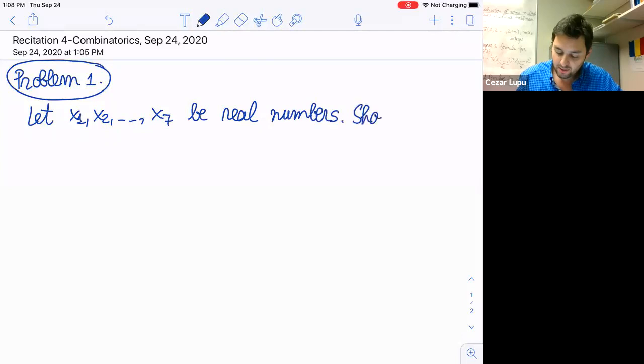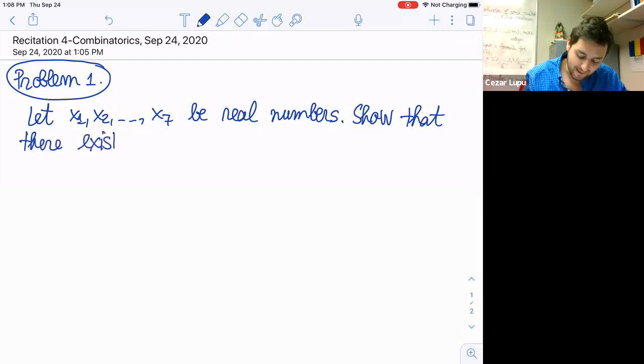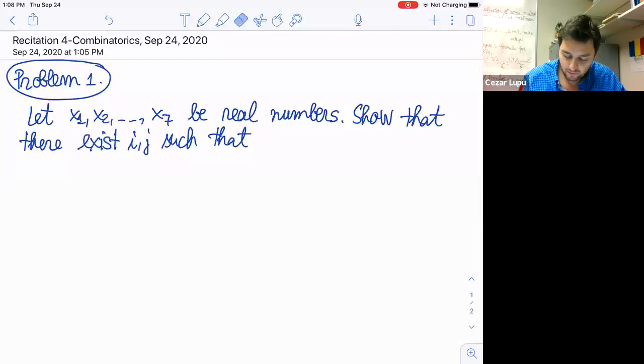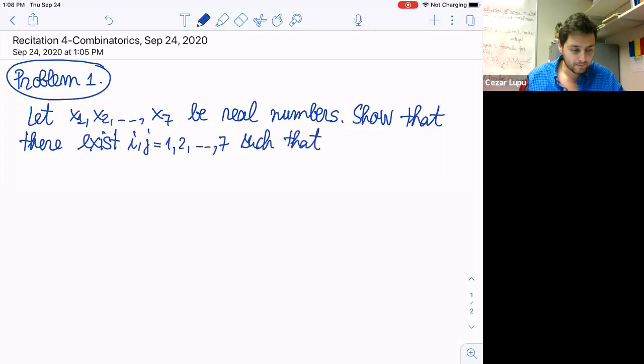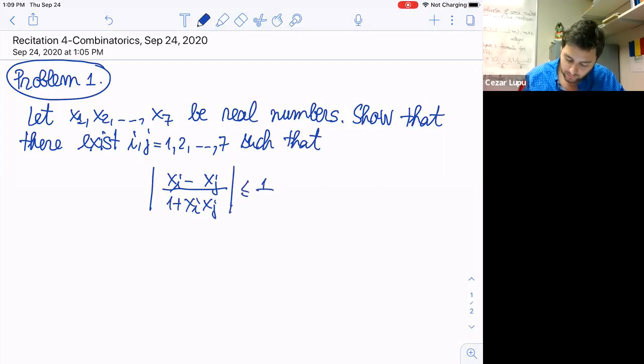And we have to show that there are two of them, not one, geez, i and j from 1 to 7, such that this inequality holds true: the absolute value of xi minus xj over 1 plus xi xj is less or equal than 1 over square root of 3. Okay, so that was the problem.